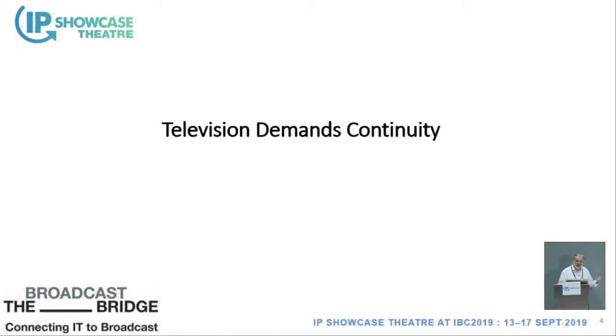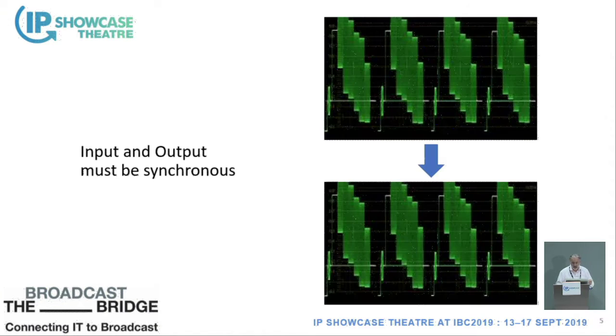Because one thing television absolutely demands is continuity. As we all know from many, many years of working in television, the input must be continuous and synchronous with the output. And it's worth remembering, even in these days of digital television and IP television, that everything must be synchronous.